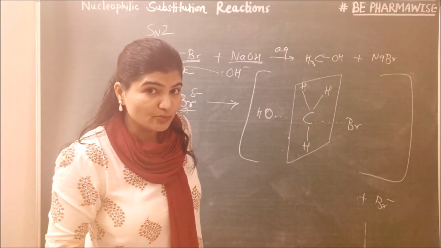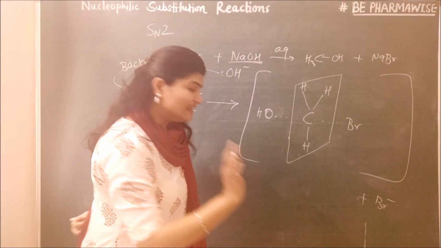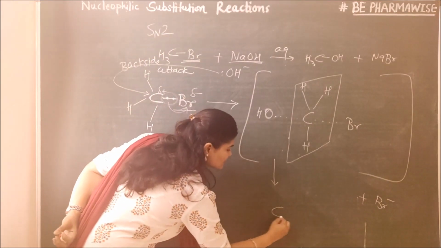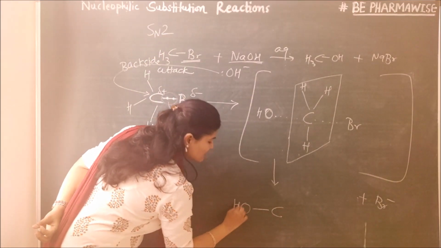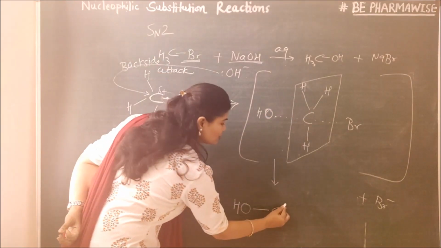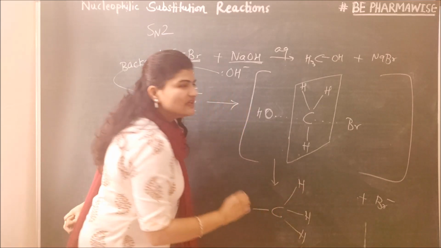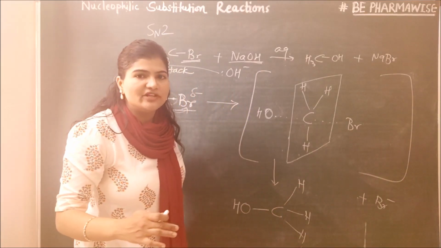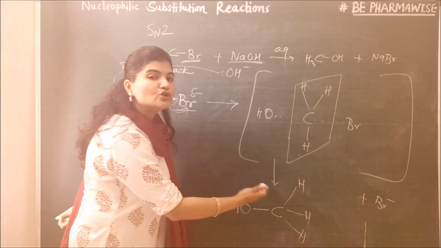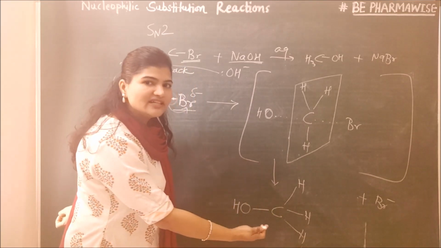The oxygen has the lone pair which will be utilized for formation of this bond, leading to formation of the C-OH bond, which is again a sigma bond, a covalent bond. Then the hydrogens will again rearrange themselves so that the carbon will again acquire tetrahedral geometry, because now carbon is attached to 4 groups. It is in the sp3 hybridized state, so it will go back to the tetrahedral stage.